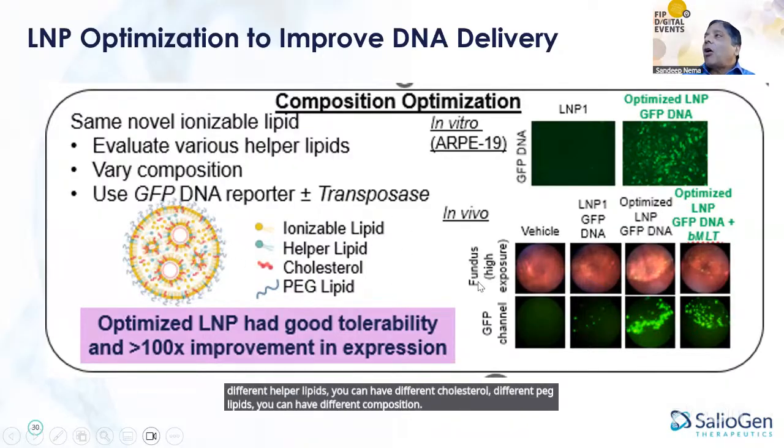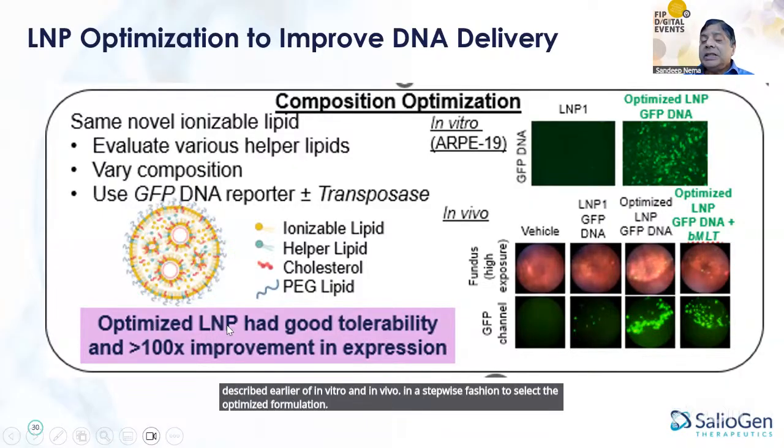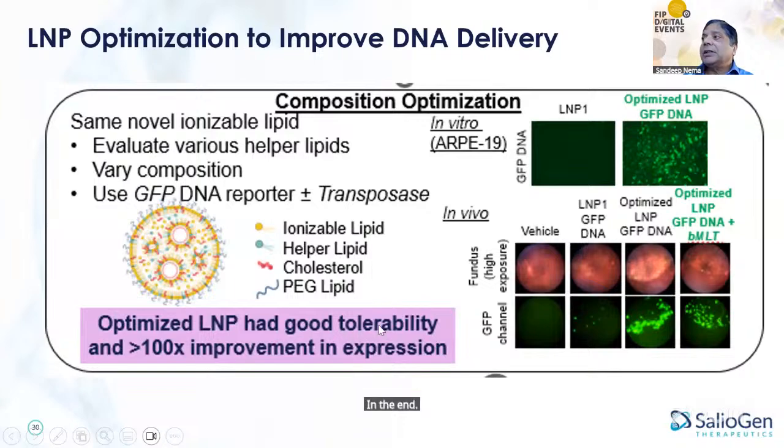We looked at all of that and used the same sort of screening technology that I described earlier, in vitro and in vivo in stepwise fashion, to select the optimized formulation. In the end, the optimized formulation had not only good tolerability, but it improved the expression several folds compared to the non-optimized LNP formulation.